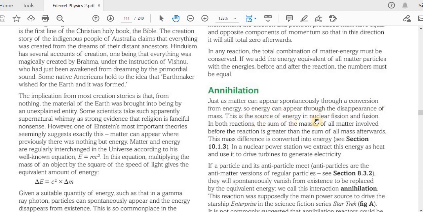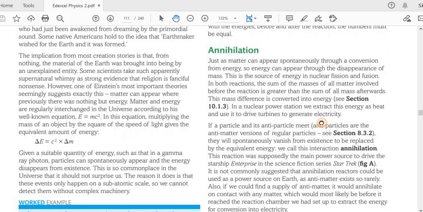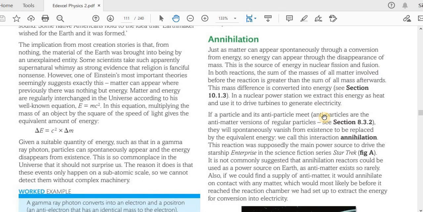This is the source of energy in nuclear fission and fusion. You have learned the nuclear fission and fusion reactions, even in the IGCSE or O-level classes. Remember, you have a nucleus, for example uranium, and neutrons are directed at it. The neutron is absorbed by the nucleus, which becomes unstable and disintegrates, it breaks.